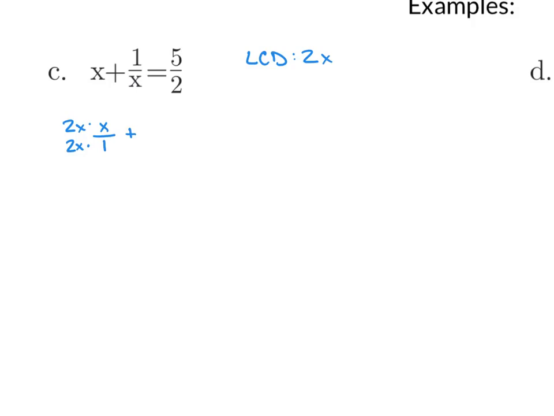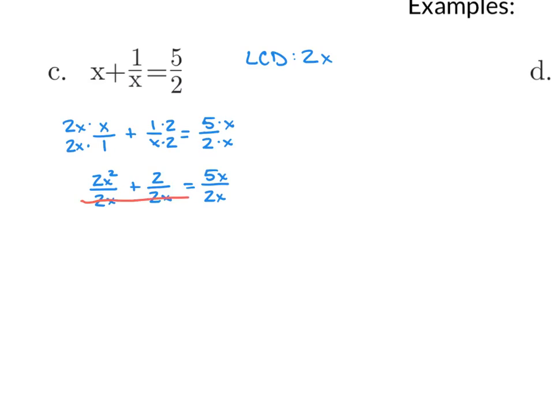Second term, I have the x, I am missing a 2. So I'm going to multiply by 2 to top and bottom. And the last one, I have a 2 in the denominator. I need to multiply by x. If we go ahead and multiply this out, we get 2x squared over 2x plus 2 over 2x equals 5x over 2x.